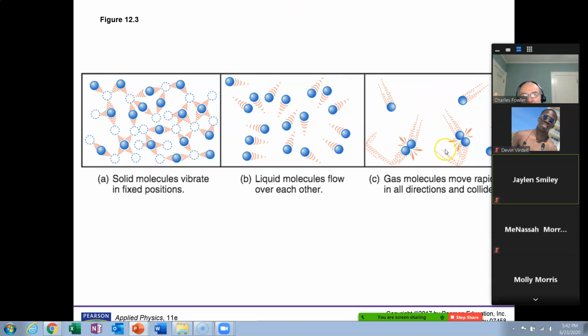Okay, how do you go from the gas to the next phase? Anyone know what the next phase is called? Plasma. A plasma is when you've added so much energy to a gas that now the gas molecules start losing or gaining electrons.